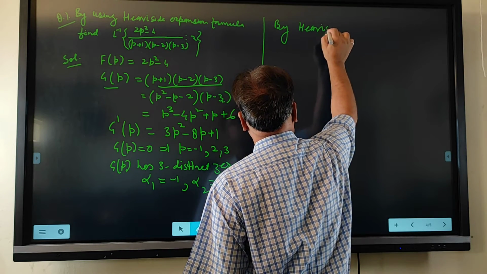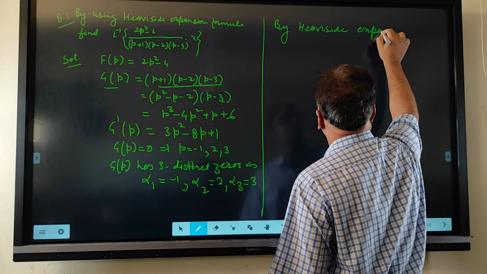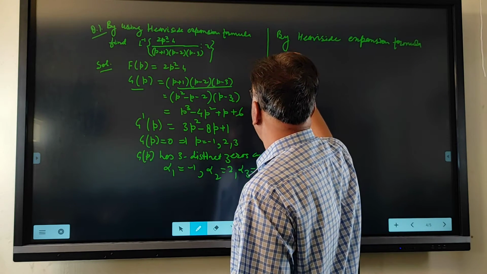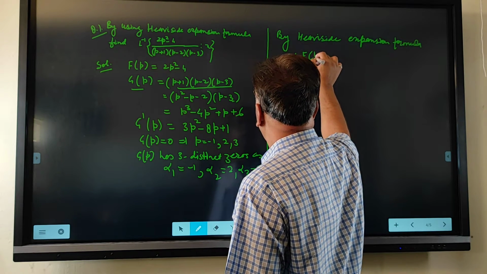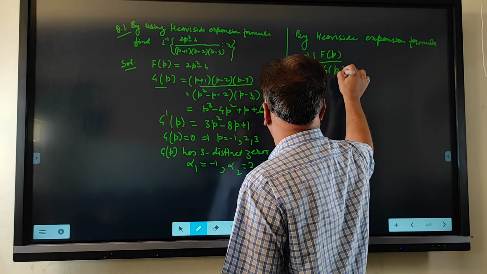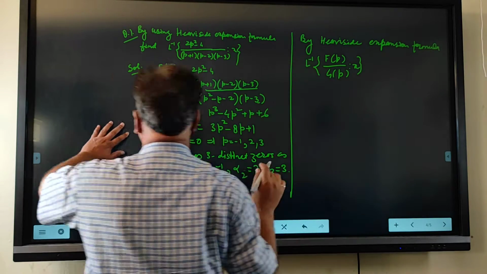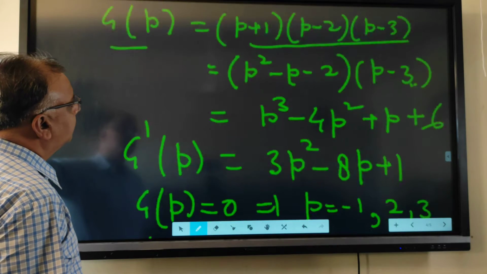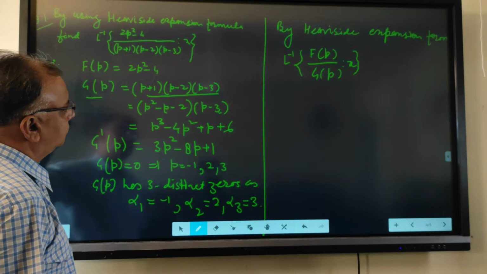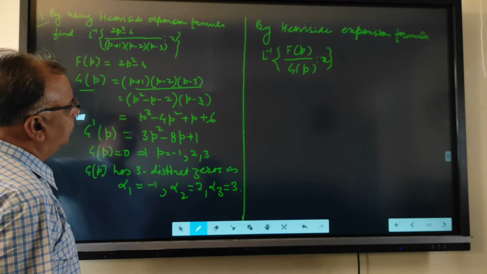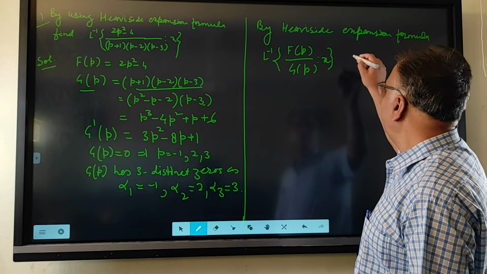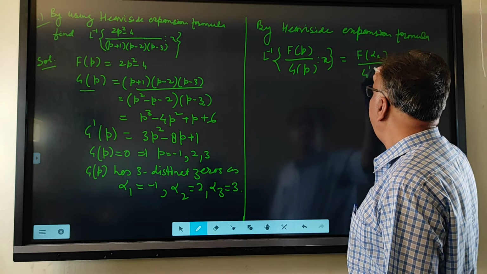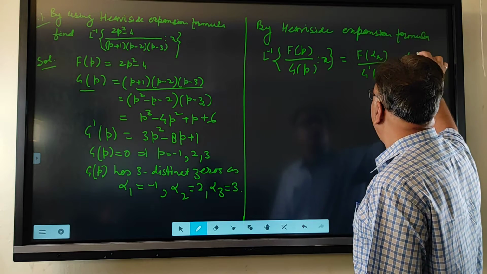The Heaviside expansion formula says that the inverse Laplace transformation of F(p) upon G(p) with respect to x, when all the zeros of G(p) are different, is equal to the summation of F(αr) upon G'(αr) into e raised to αr x.